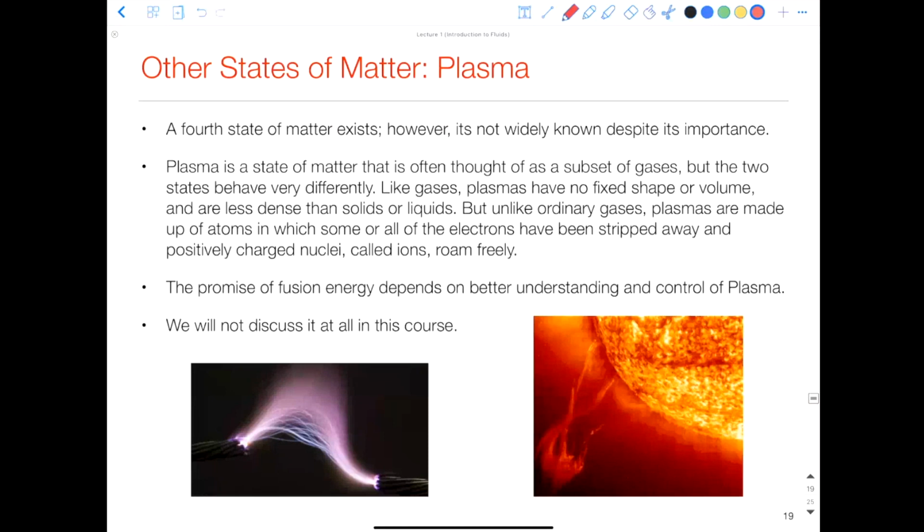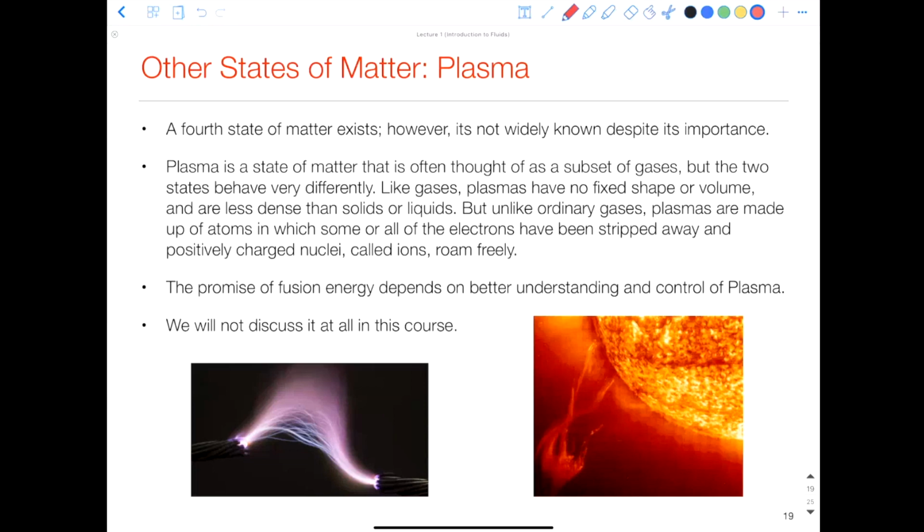Another state of matter that's not too well known, and we're not going to talk about this much in this course, but it is another state of matter, is plasma. Despite how important it is to us and life on Earth, we still don't know a lot about it. Like gases, plasma has no fixed shape or volume.